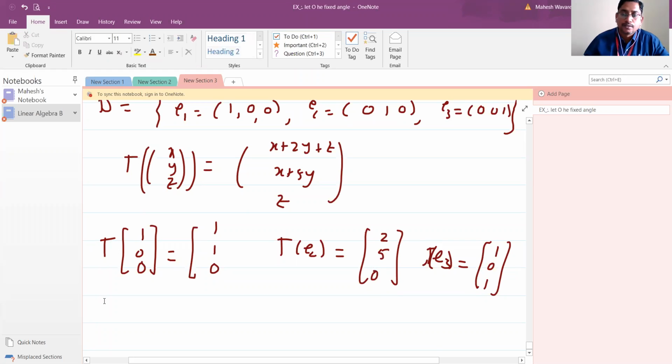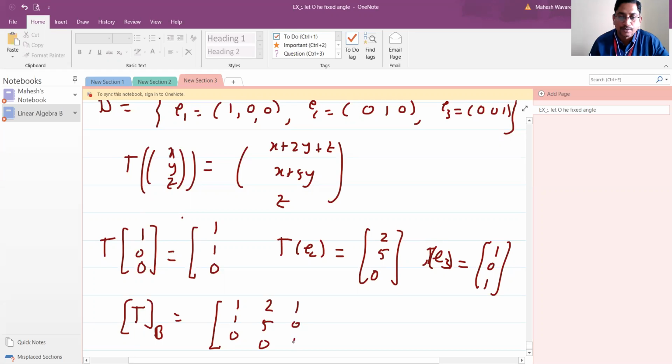Okay. So the standard matrix of T will be denoted by this with respect to basis B, called the standard basis. The first column will be the image of E1, the second the image of E2, and the third the image of E3. So this is the standard matrix for this linear transformation.